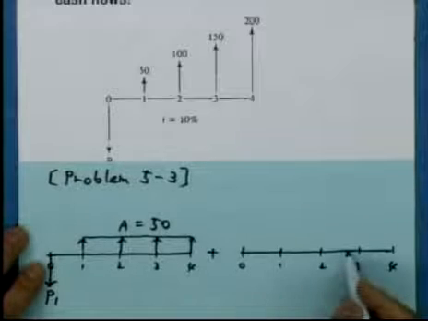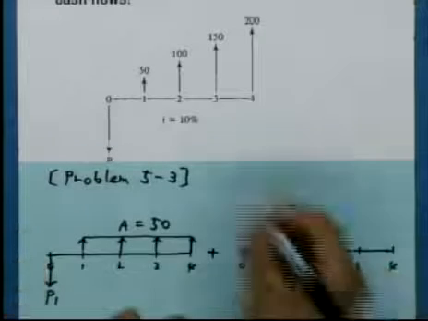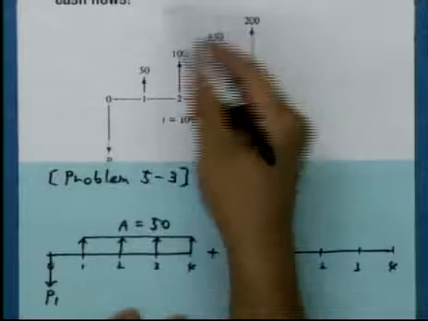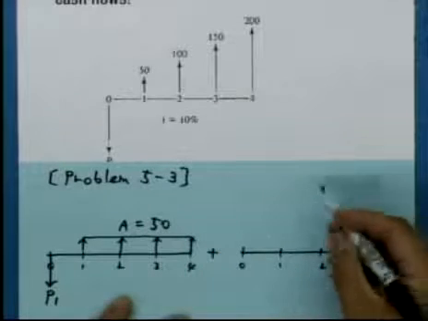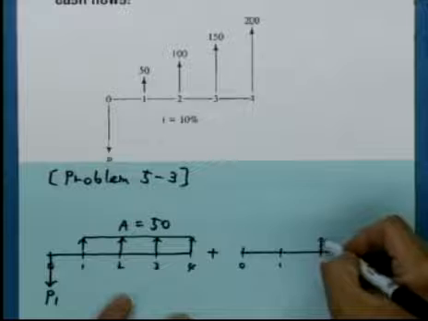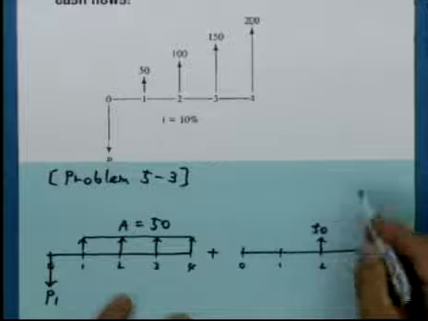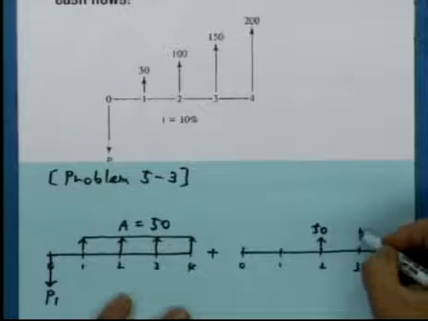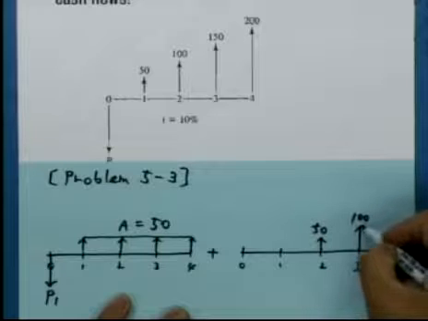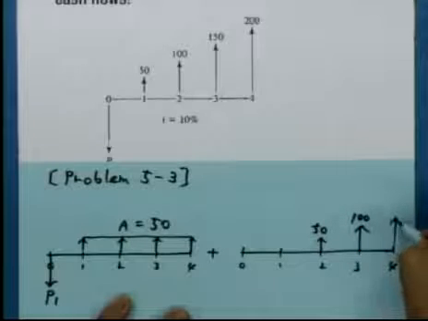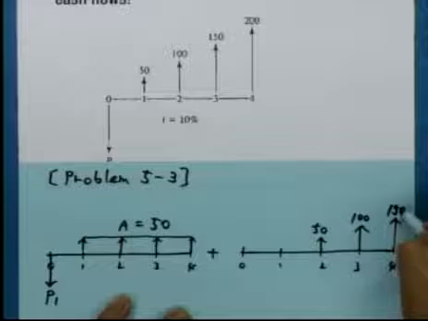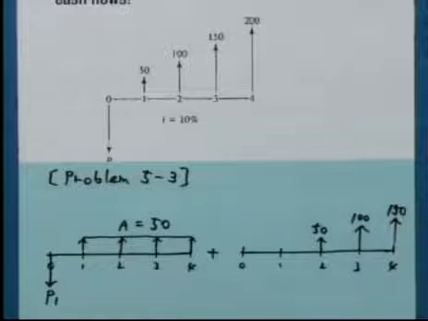And what is left over here? If you take out $50 from this cash flow diagram, then you're going to have 50 at the end of period 2, and 100 at the end of period 3, and then 150 at the end of period 4.